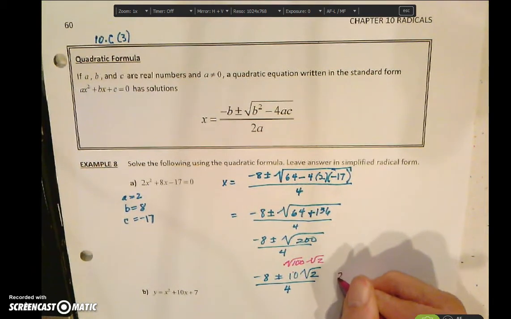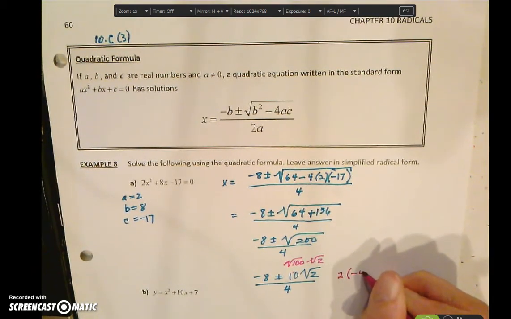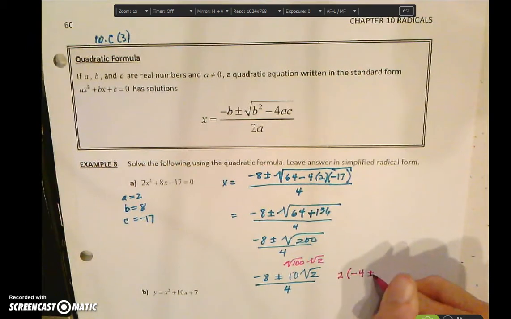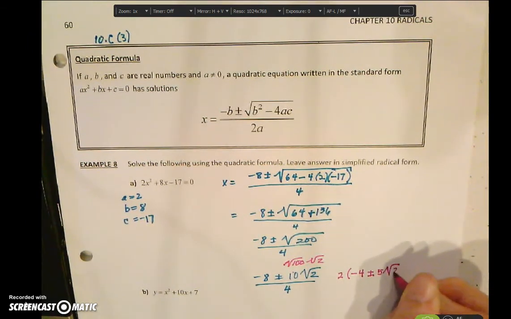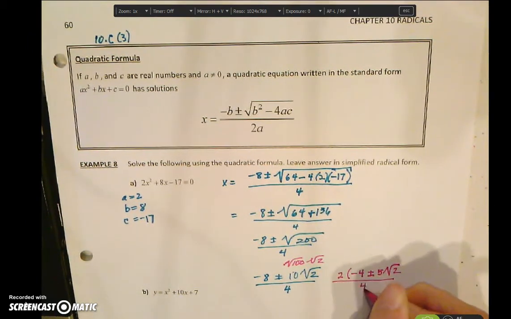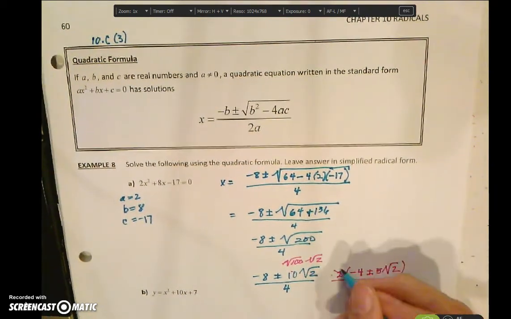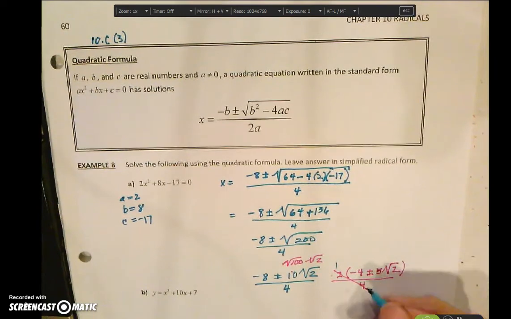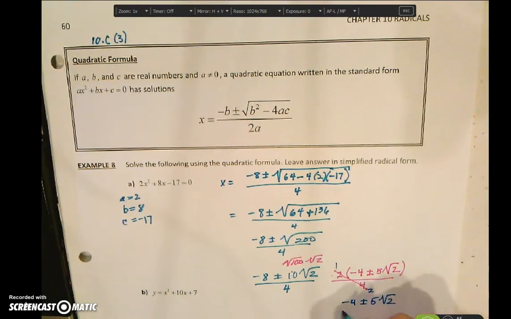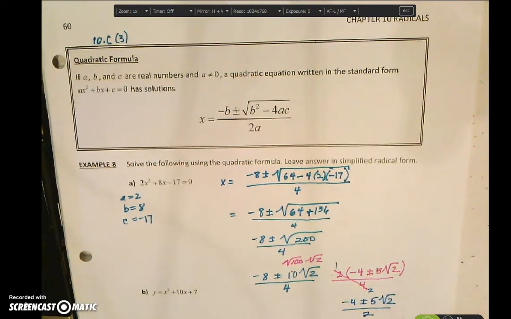So I'm going to take out a 2. It'll leave me with negative 4 plus or minus 5 radical 2 over 4. I'm going to cancel here, and I'll get a 1 and a 2. And my answer then is going to be negative 4 plus or minus 5 square root of 2 over 2.